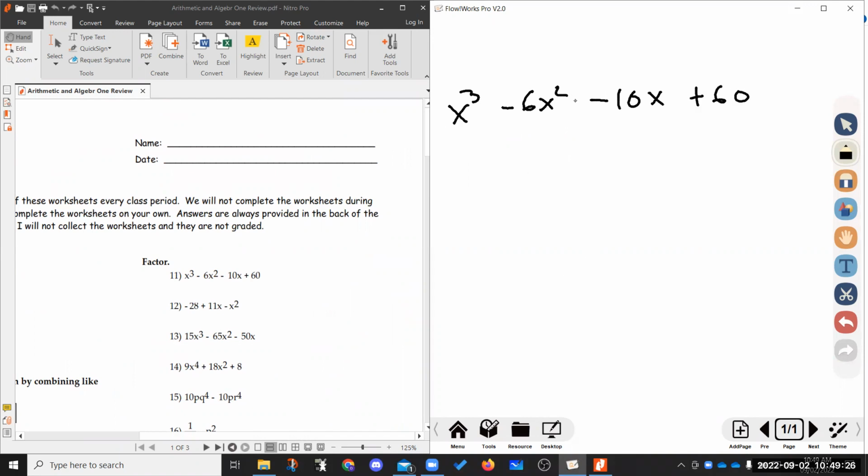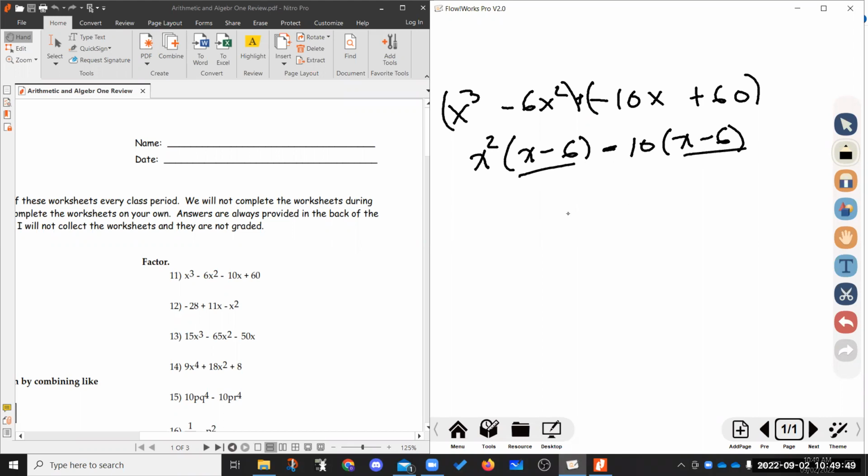When we see four terms, we're going to try and factor out the greatest common factor from the first two, the greatest common factor from the second two, and see if the remaining piece is also common. That can be pulled out as a greatest common factor.